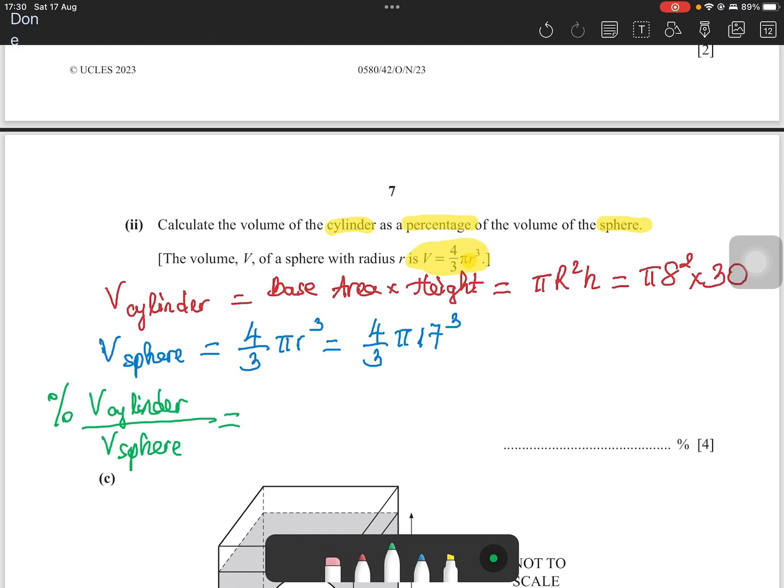So this is equal to pi 8 squared times 30 over 4/3 of pi 17 cubed. And we also multiply this by 100%. So this is equal to 29.3%.